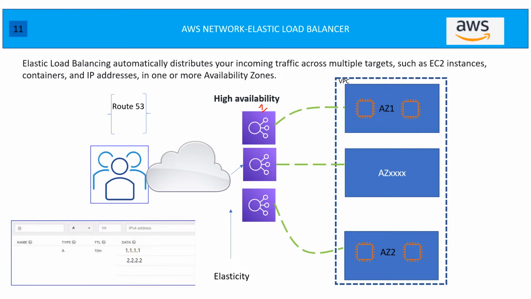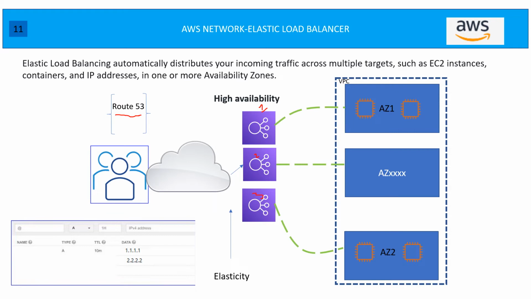And I can go for the second one, which is going to be the second AZ. This is the third one, which is going to be the third AZ. And when it comes to load balancing the traffic, I can leverage Route 53. That is also one of the AWS services which can help you distribute your load coming from the internet.